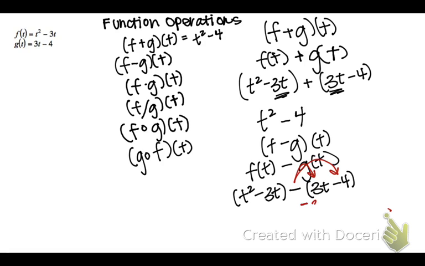So this becomes a negative 3t and a positive 4. Then we can combine terms, so t squared, negative 3t is negative 6t, and then plus 4. So this would equal t squared minus 6t plus 4.